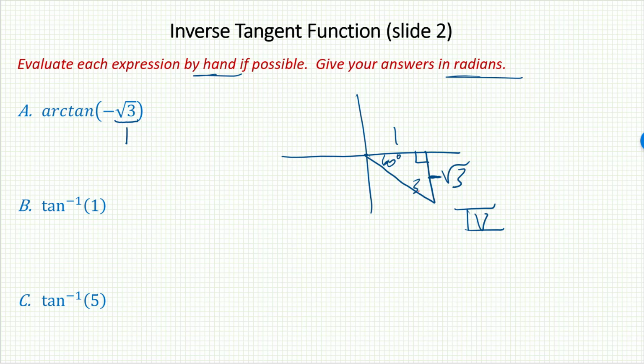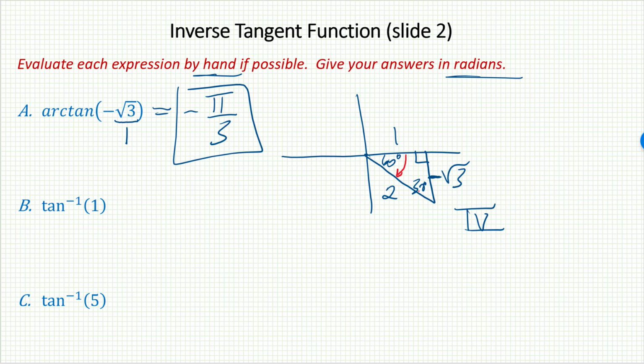The 60 goes opposite the root 3. Remember, the inverse tangent function doesn't know about positive angles in the fourth quadrant. That would be way too big of an angle, so I can't use that one. It only knows about angles between negative 90 and positive 90, so I'll have to go this way. The answer to this question is negative 60 degrees, or in radians, negative pi over 3.